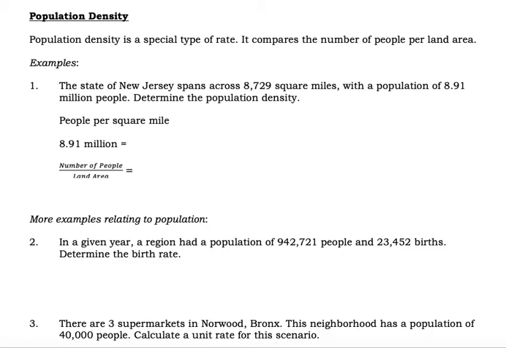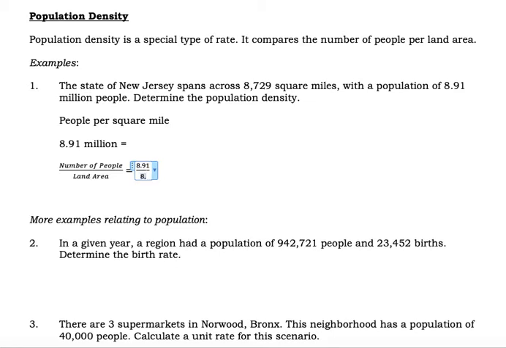The reason is, if I leave 8.91 the way it is, I'm just going to end up with a really small decimal, because I'll be dividing a really small number by a really large number, and that really small decimal might not be able to tell me much. It might not be useful to me.